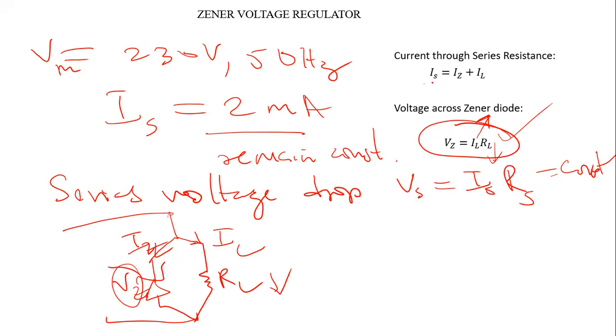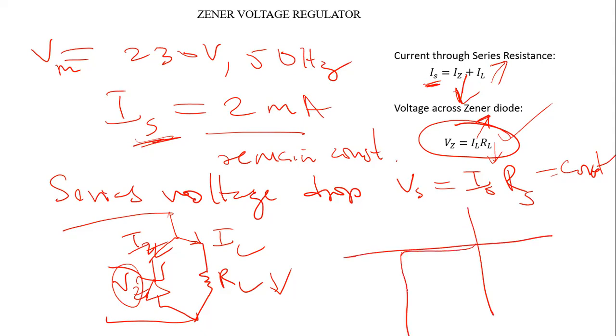But we know that your IS value is fixed. Unless there is a line fluctuation, IS value is fixed. So in order to raise your IL value, the current across your zener diode will drop. So let's say without any line fluctuation, without any load resistance fluctuation, this was your IZ value.